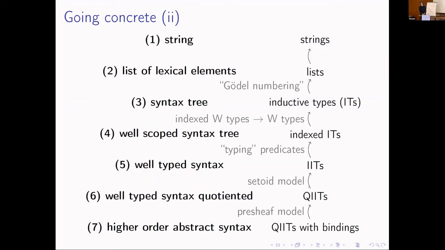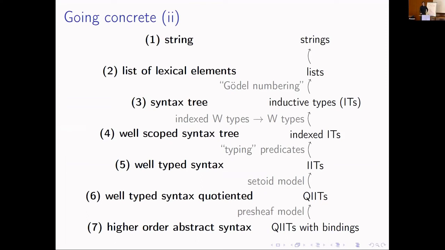Okay, so to relate all of these levels, I can go concrete in a different way. There's a generic way to go concrete from QIITs with bindings to QIITs to IITs and so on, which works for any algebraic theory or any higher order abstract syntax or any well-typed syntax quotiented and so on, not only the one for type theory.